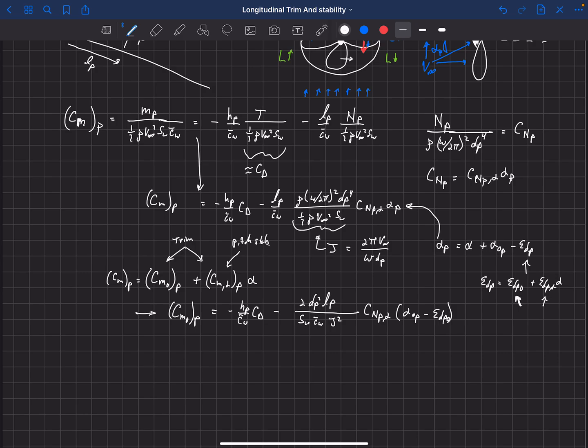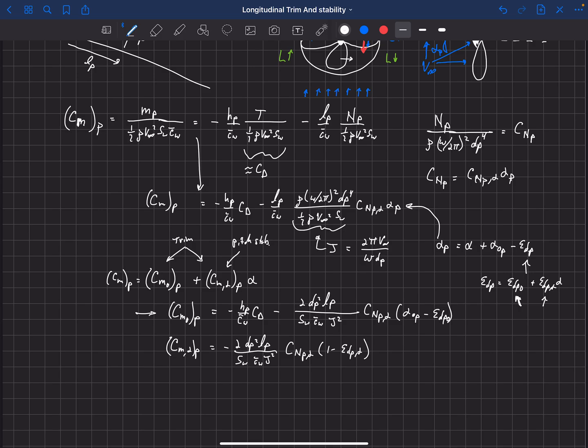But then we also have this change in pitching moment with respect to alpha, the Cm alpha of the propeller. And the way we get that is just taking the derivative of this equation with respect to alpha. And that gives us a minus 2 dP squared LP over SW C bar wing times the advance ratio squared times CN P alpha times 1 minus epsilon dP alpha.